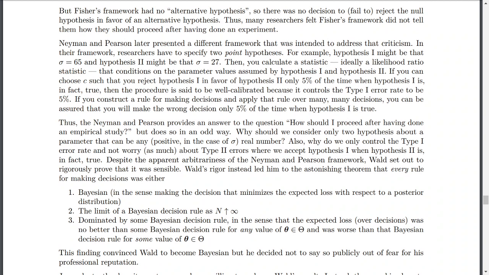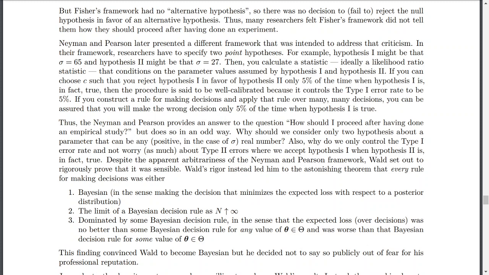Biased, but whatever. What he proved was that every rule for making decisions was either Bayesian, in the sense that we've been talking about, the limit of a Bayesian thing as the sample size goes to infinity, which never happens literally, or is dominated by some Bayesian decision rule. So what does dominated by a Bayesian decision rule mean?